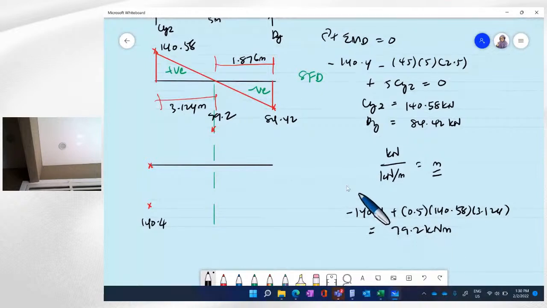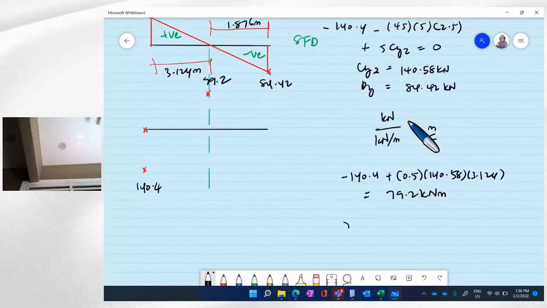Okay, this 79.2, we have to minus with the last triangular area, since it is labeled as positive. So what we should do is 79.2 minus 0.5 times 1.876 times 84.42.